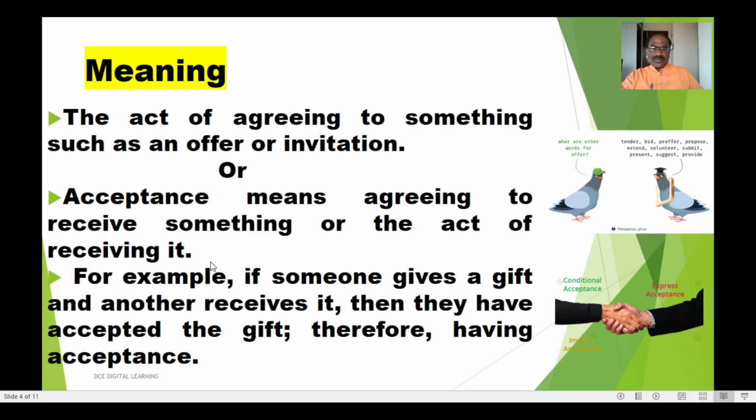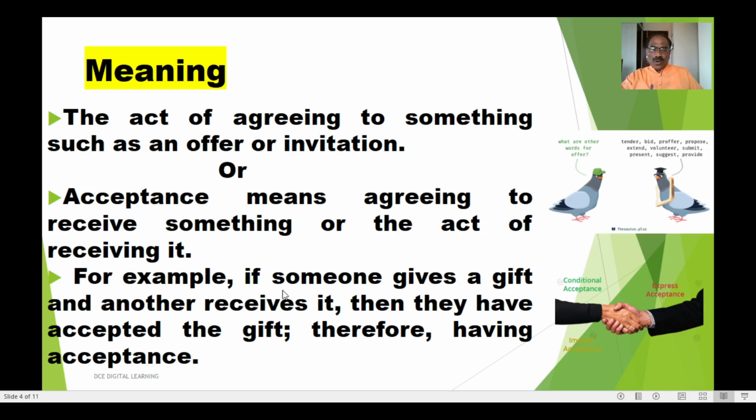So here we quote an example for the sake of understanding of the acceptance. That is, if someone gives a gift and another receives it, then they have accepted the gift, therefore having an acceptance.